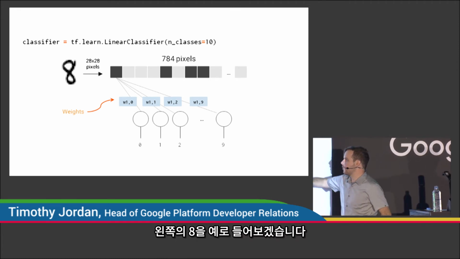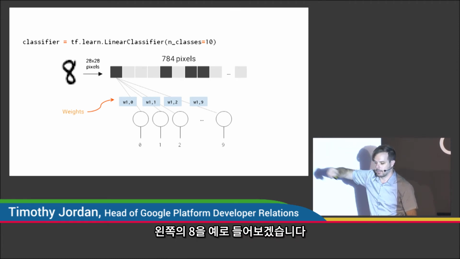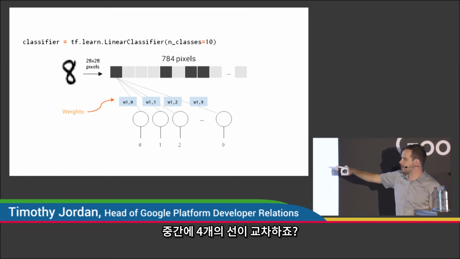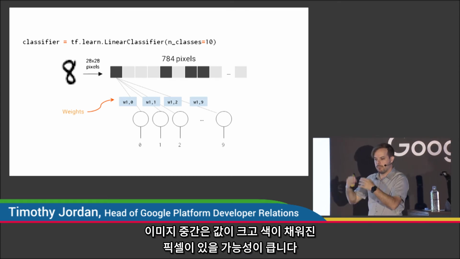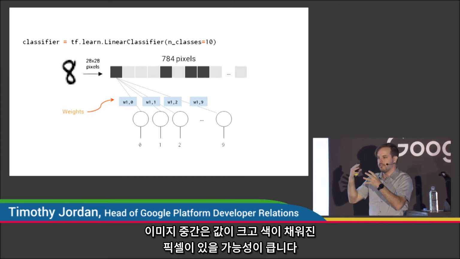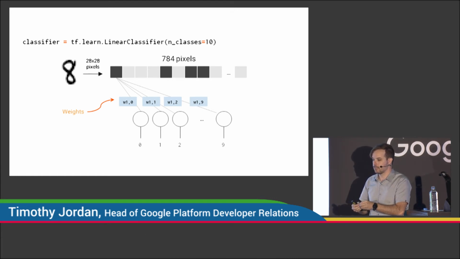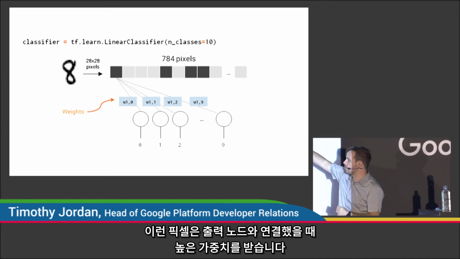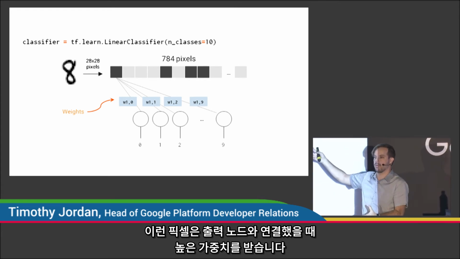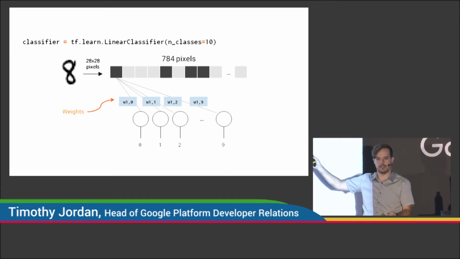Now, for example, if we're talking about an 8 right there in the left, notice that because there's 4 lines crossing in the middle, it's pretty likely that you'll have filled in pixels at a high value in the center of the image. Now, we'd expect those pixels, when connected to the outputs, to have higher weights. Makes sense, right?